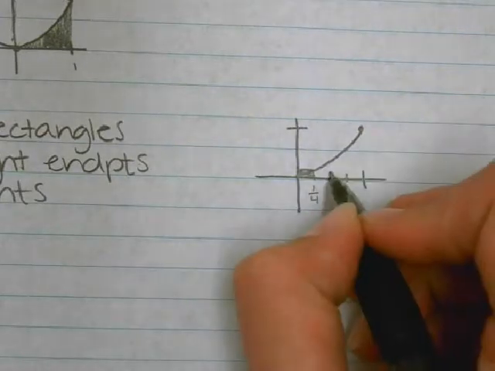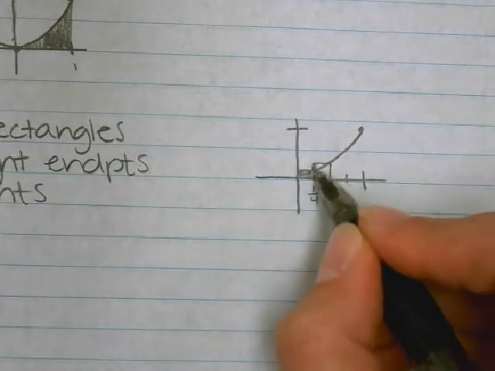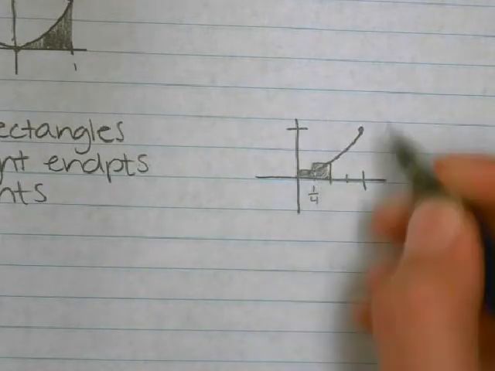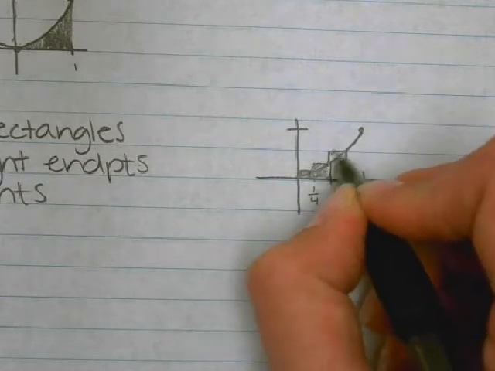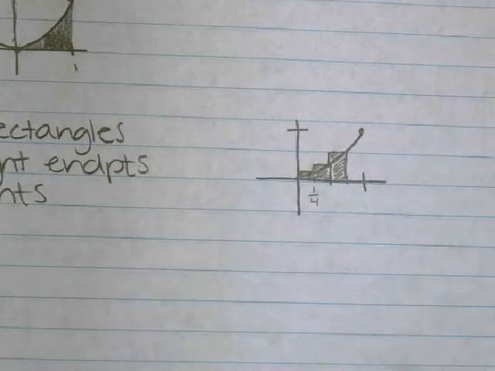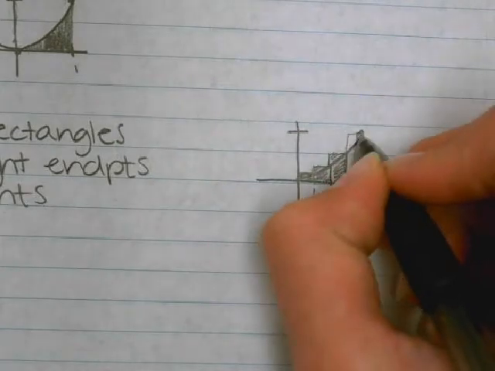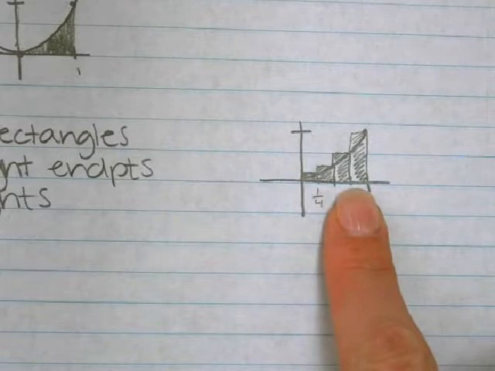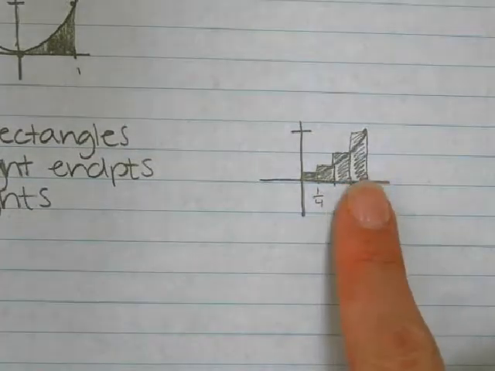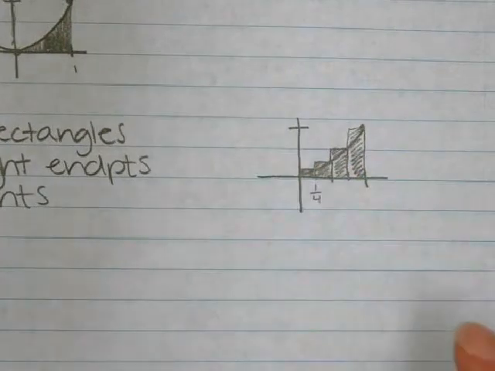And then I'm going to draw this one up to the line and over, and I'll find the area of this rectangle. Draw this one up to the curve and over, and I'll find the area of that rectangle. Draw it up and over and find the area of that rectangle. As you can see, it's going to help me find the area underneath the curve, but I have a little bit extra and a little bit extra and a little bit extra, so this is going to be an overestimate for how much area I have underneath that curve.